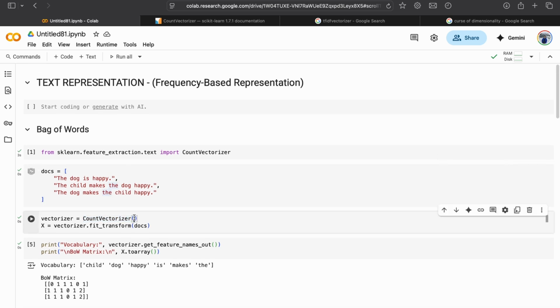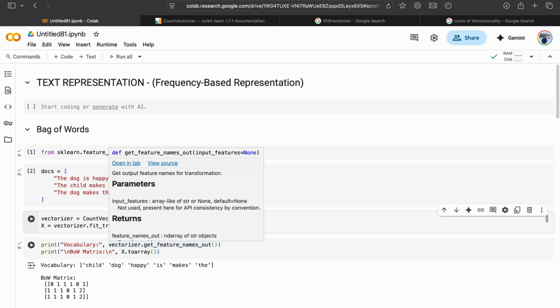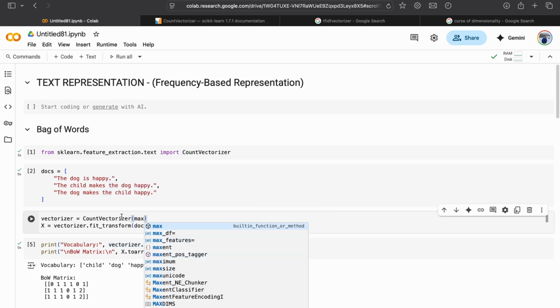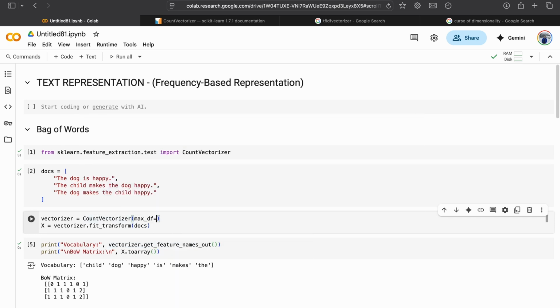So let's suppose we are saying the max_df is 2. All the tokens which are occurring in more than 2 documents will be ignored.